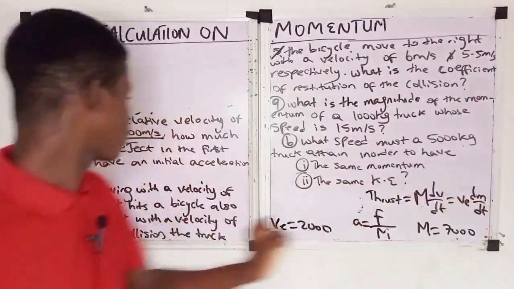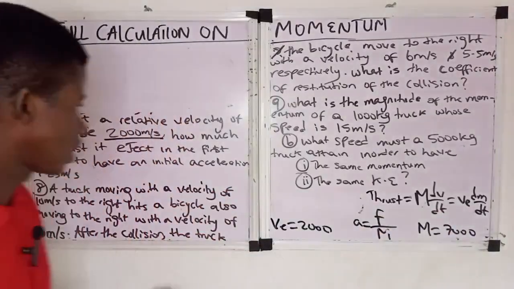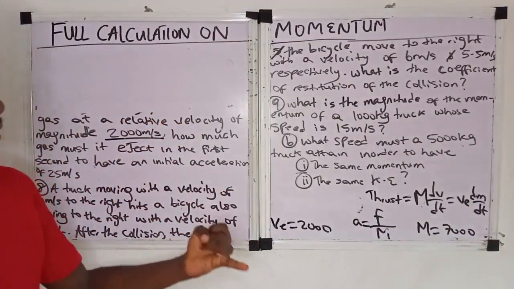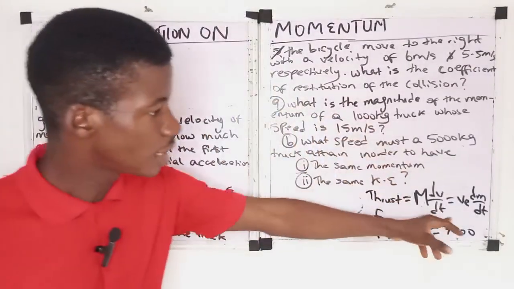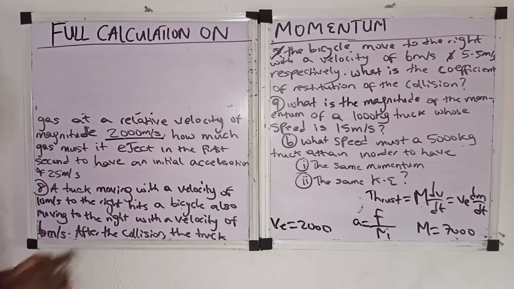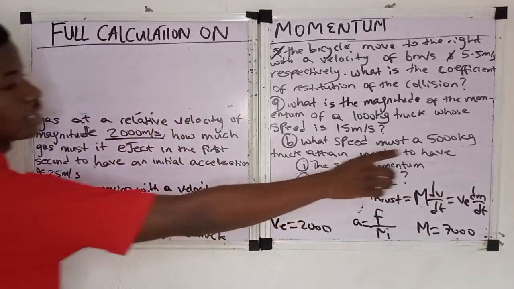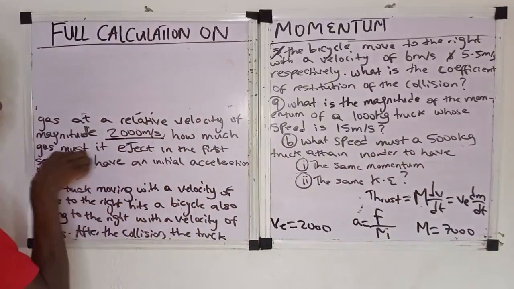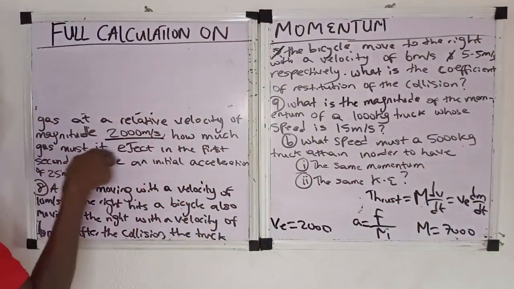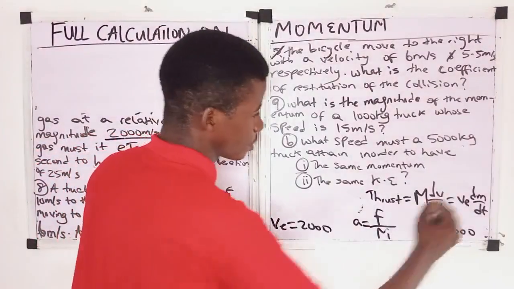They gave us VE, which is 2,000. Then they gave us the total mass of the rocket. Then they said we should calculate how much gas must it eject in the first second. So I'm going to use this formula for force.